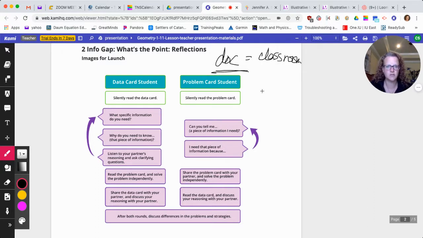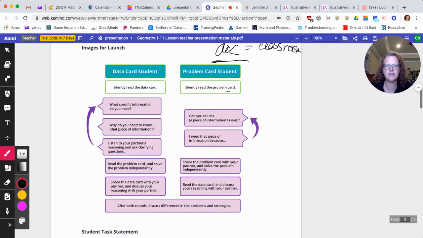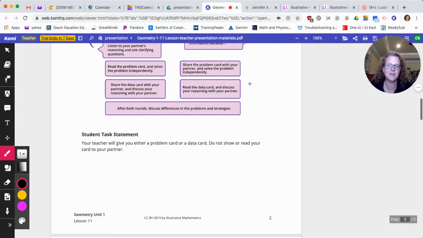You'll see a card sort where, if we had a classroom where we were all together, I would give some students the data card and some students the problem card. And you would silently read the card and start talking back and forth with your neighbor. But in our Google Doc, you're just going to play a matching game. Figure out which data cards go with which problem cards. And you can always type in some comments in the document if you want to talk to me about it.